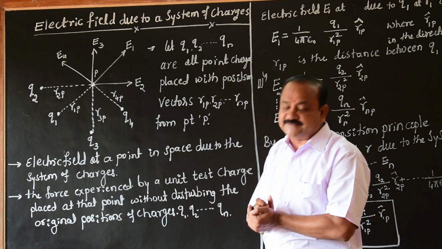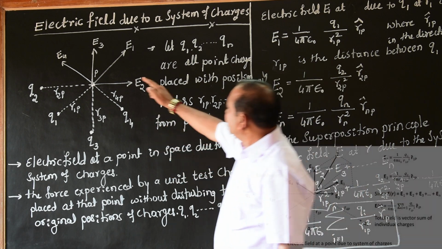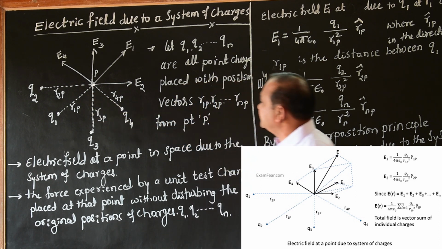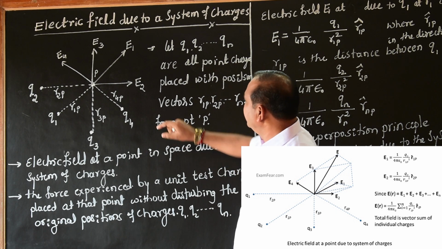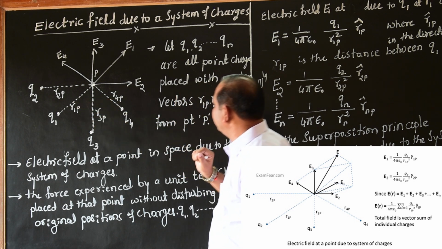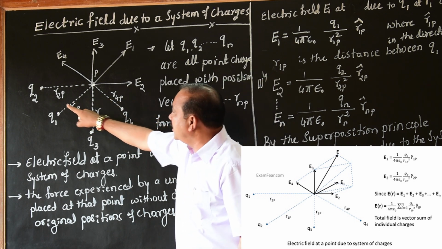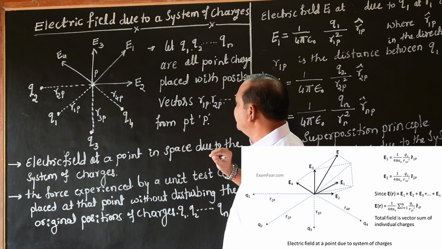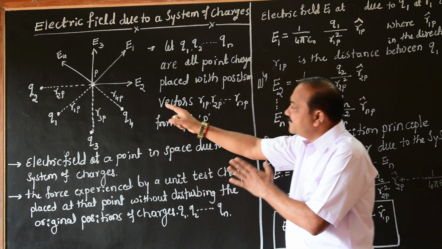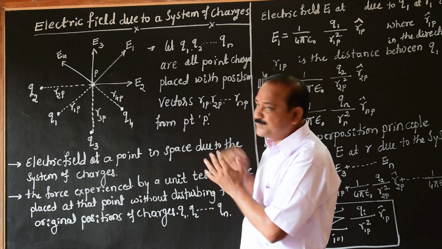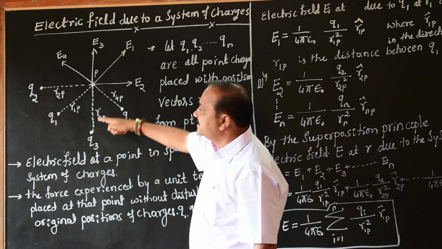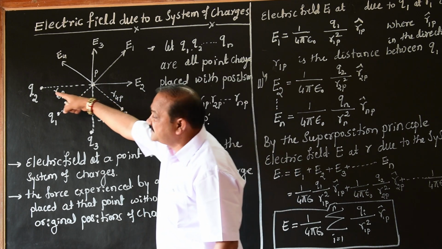Let us consider Q1, Q2, Q3, Q4. These are all point charges placed in an air medium, whose position vectors are R1P, R2P, R3P, R4P from point P. This is the point P, and these are the number of point charges, a system of charges.